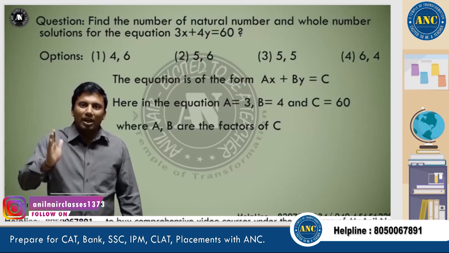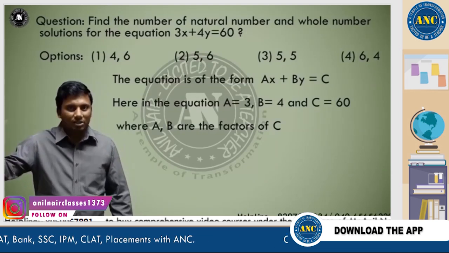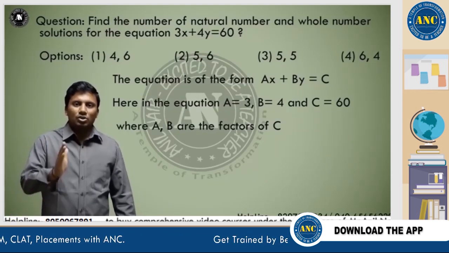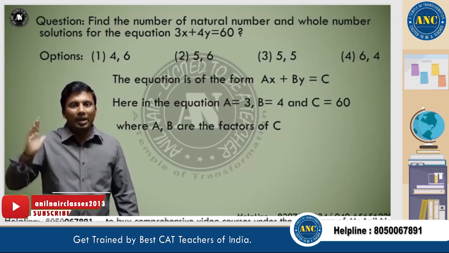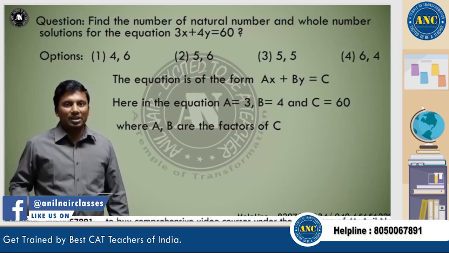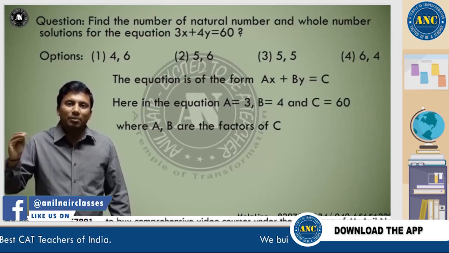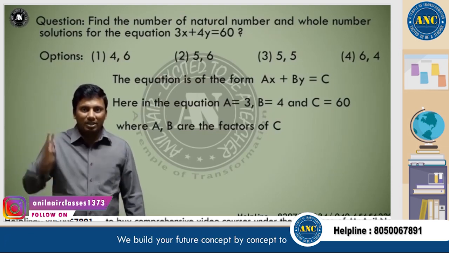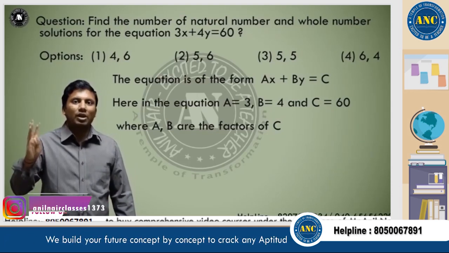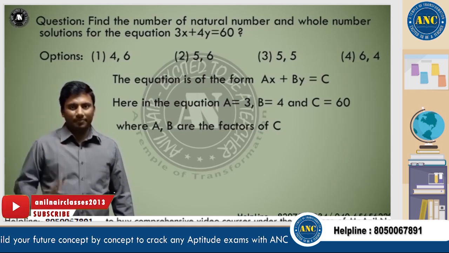That means 3 and 4 are factors of 60. We are trying to solve equations of the form ax + by = c, where a, b are factors of the constant. These are the 3 observations. You should make a note of it before solving the question.